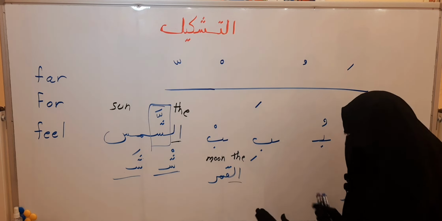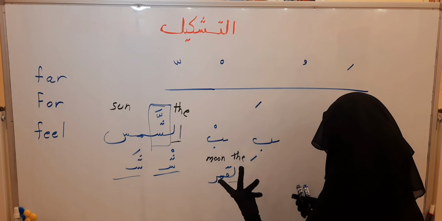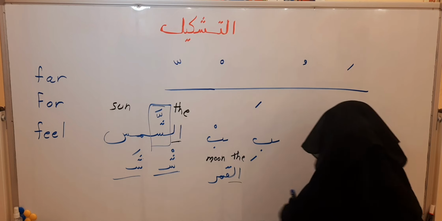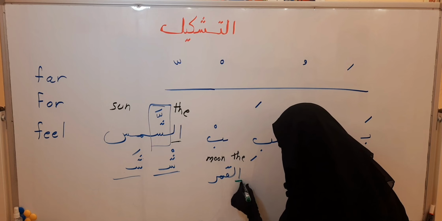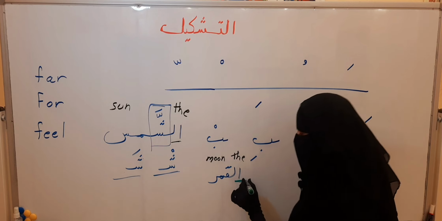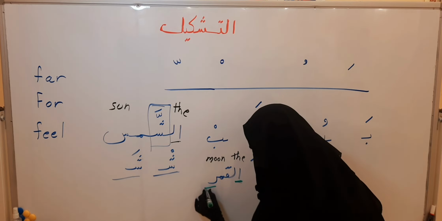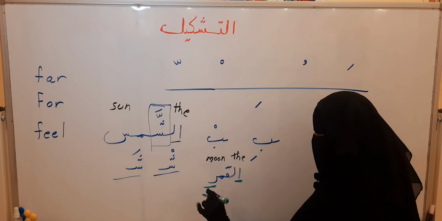If I have, let's say, al-qamar, this letter is the letter in the first of the word. This letter ra is the last of the word.